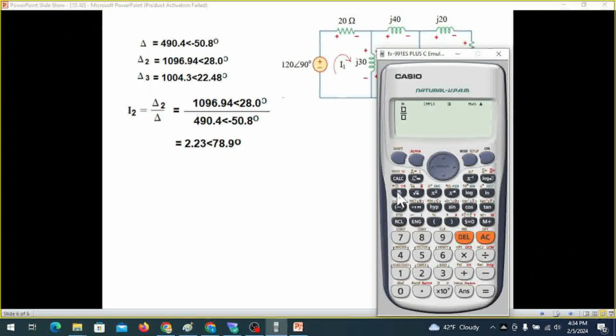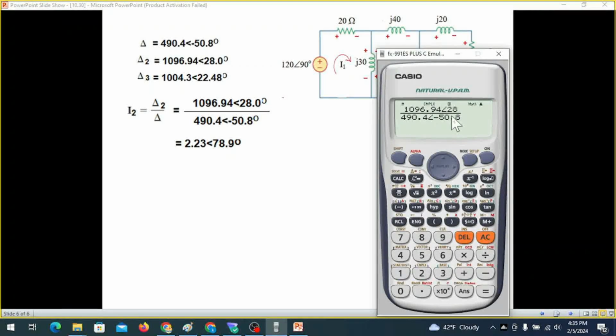We go to this button, 1096.94, shift, this is the angle sign, angle minus 28, and then we come to the denominator, 490.4, shift angle minus 50.8, minus 50.8.